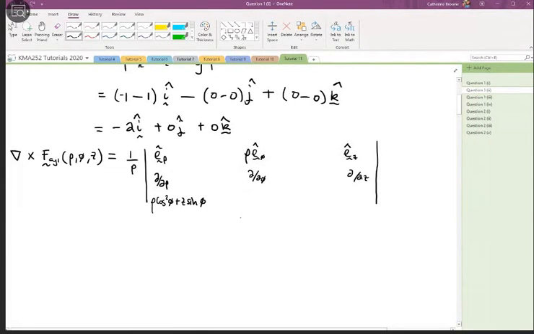And I actually expanded it out here because it's easier then for differentiating. So you'll see that I added an extra rho term there, and don't forget about this rho term here as well.